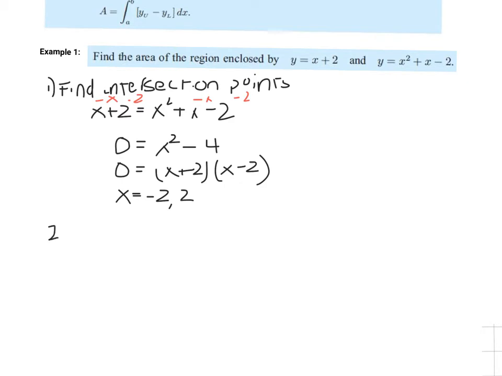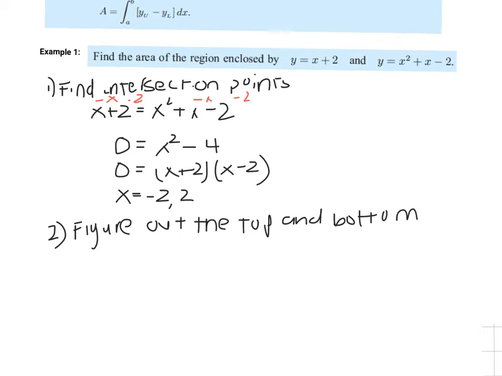The second step is going to be to figure out which function is on the top and which function is on the bottom. So if we're thinking about these functions, we have a linear function with a y-intercept of 2.